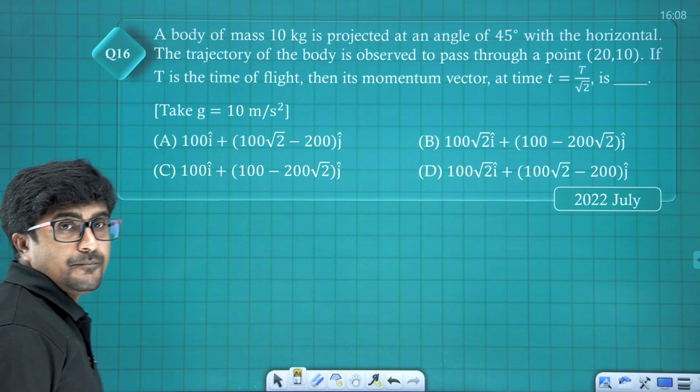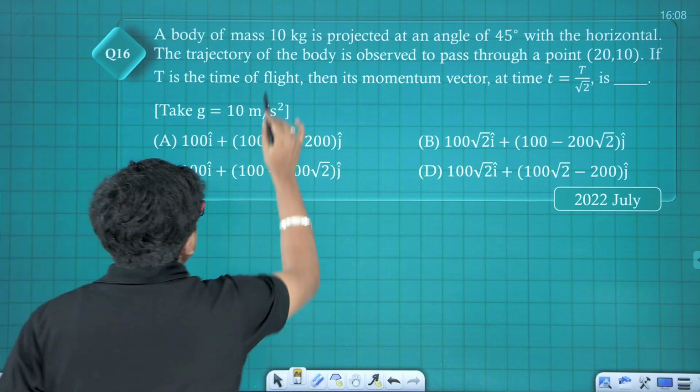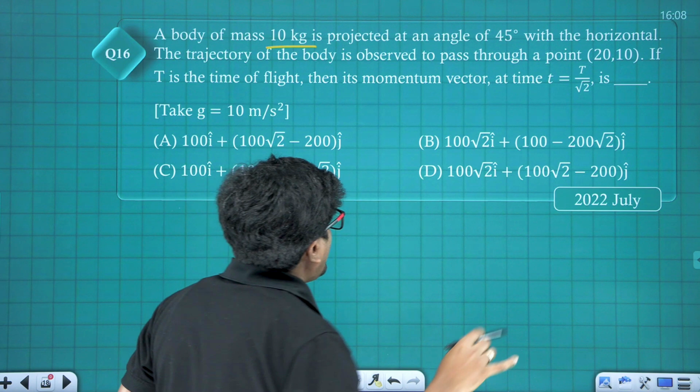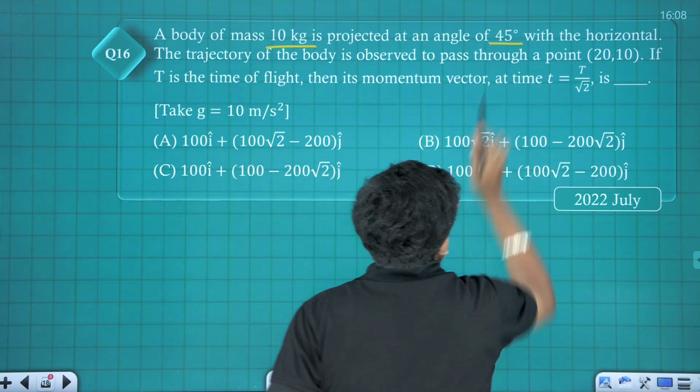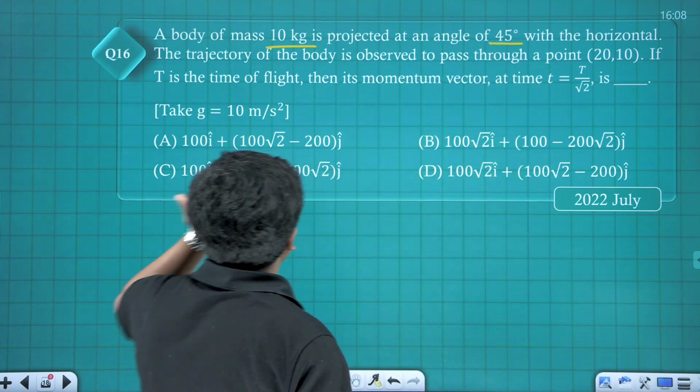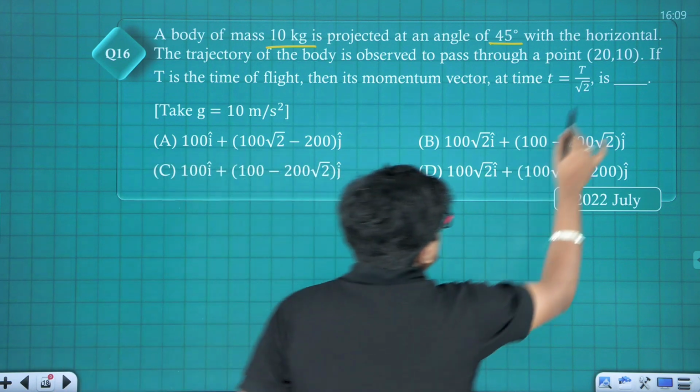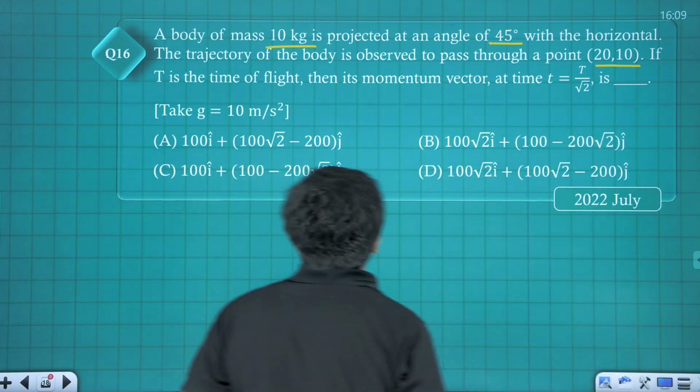The question says, a body of mass 10 kg is projected at an angle of 45 degree with the horizontal. The trajectory of the body is observed to pass through (20, 10).